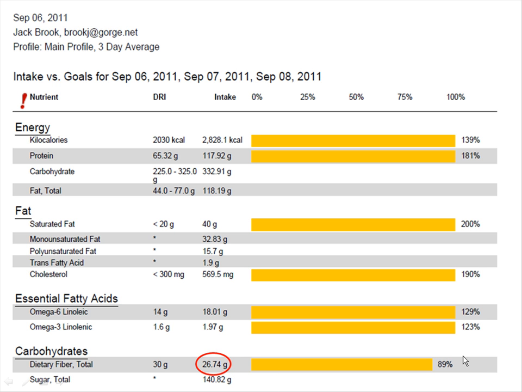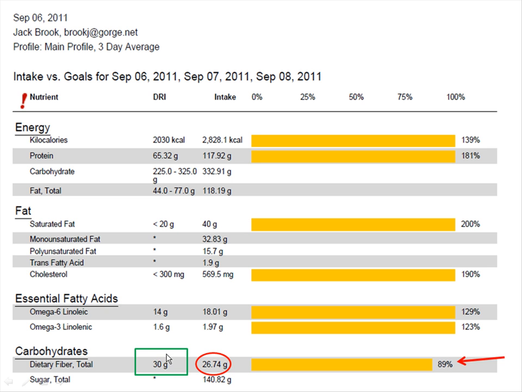So even though this gram amount met the goal, I may not have met the ratio that I need. So I need to determine what my ratio of insoluble to soluble is and make adjustments to make sure I meet that 3-to-1 ratio, or 75%/25% ratio.